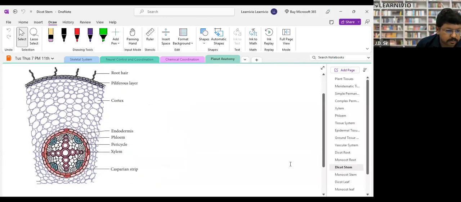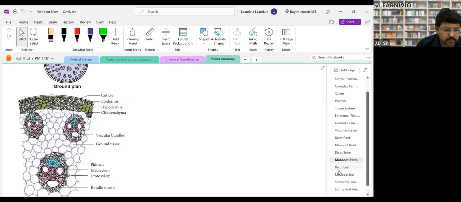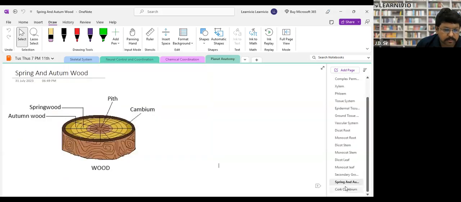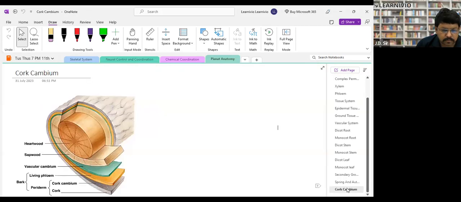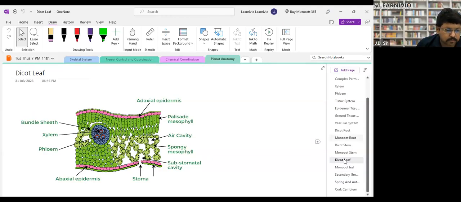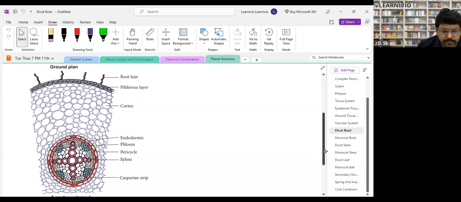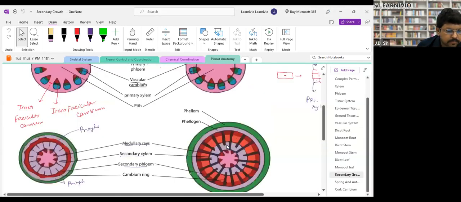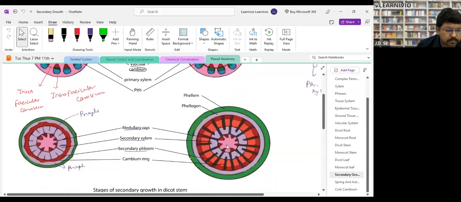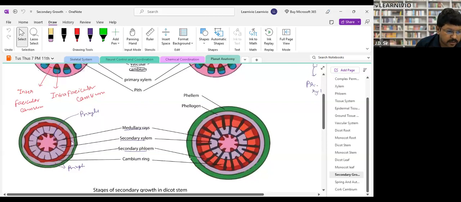Dicot stem. Look, here you can see there is secondary phloem and secondary xylem, means xylem and phloem.